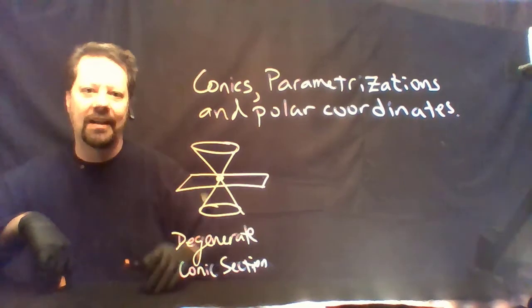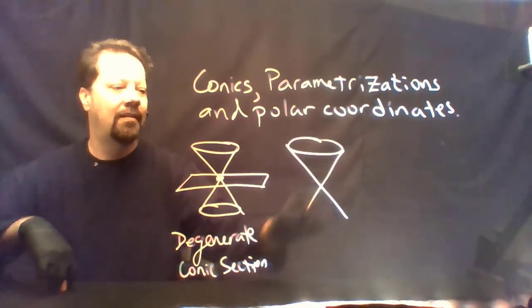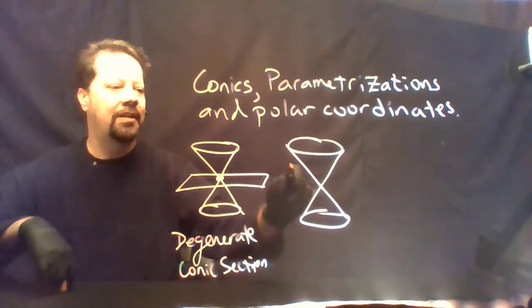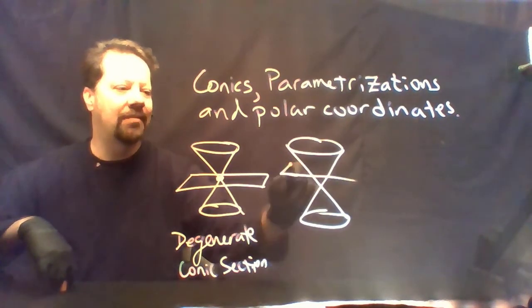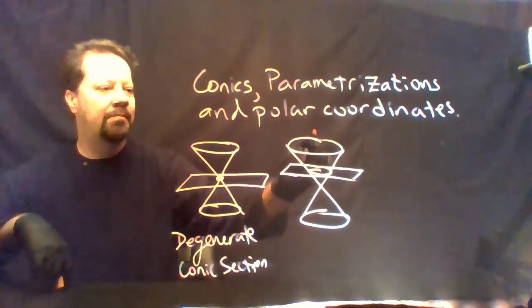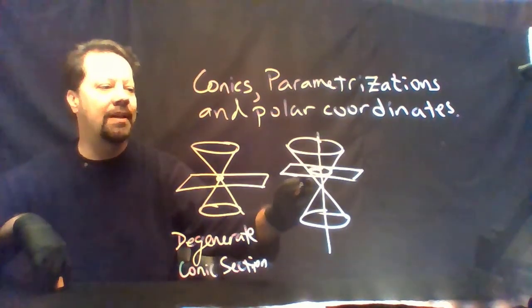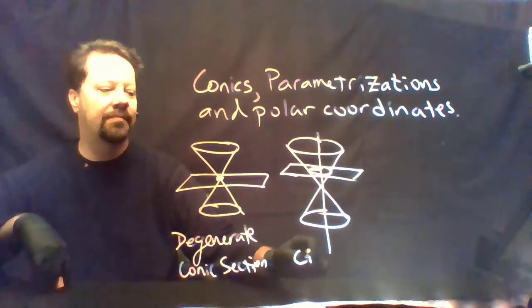Sections are cuttings or slicings of things. If you take that plane and pass it through the cone here, in a way that is normal to the axis, then what you end up with is a circle.